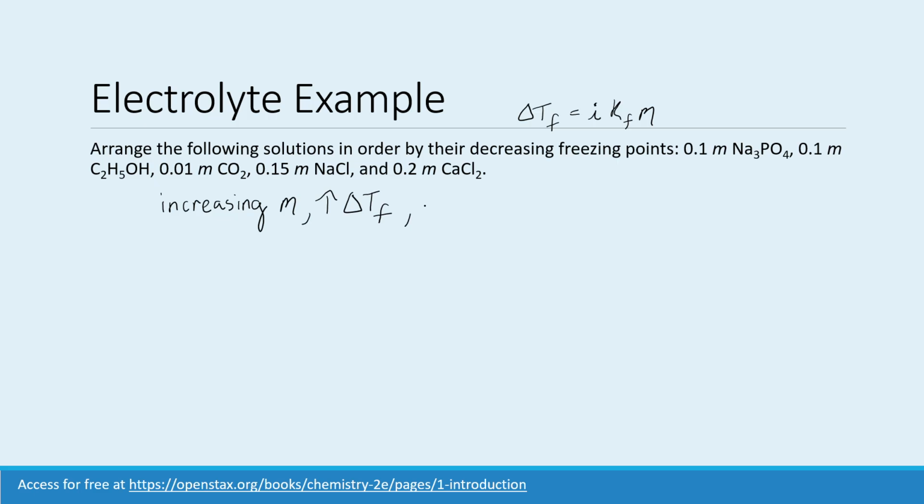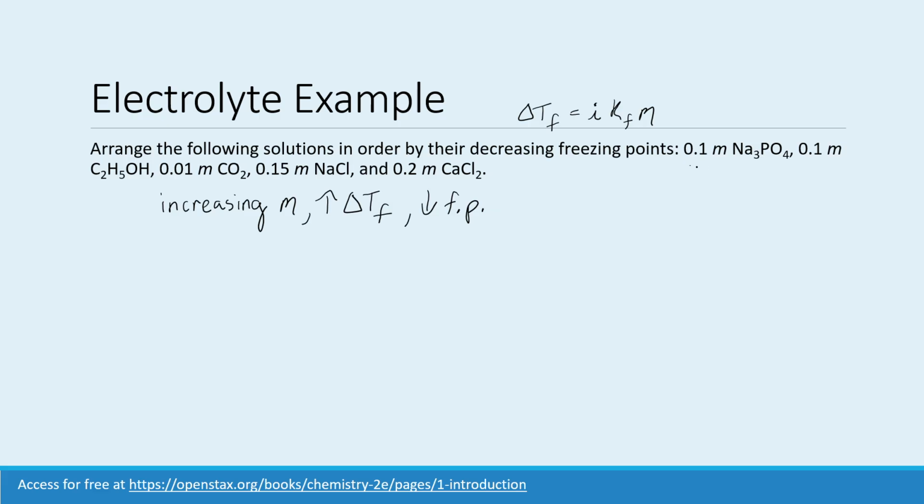So the larger change that we have, the more we're going to depress that freezing point. And so an increasing molal concentration will cause a decrease in the freezing point of a solution. So organizing these in decreasing freezing points, we want to organize them in increasing molal concentration.